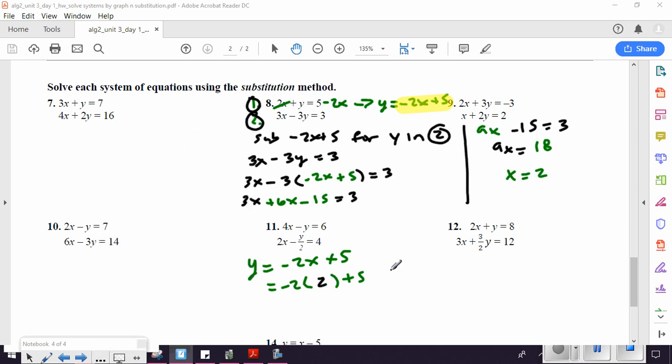X is 2. So negative 2 times 2 is a negative 4, plus 5 is a positive 1. So the solution to this system is (2, 1). Make sure you check your solution to see if it works.